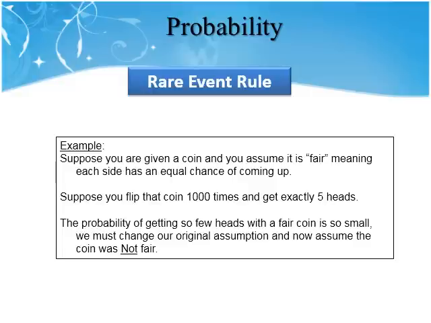Alright, suppose we flip that coin 1,000 times and we get exactly 5 heads. The probability of getting so few heads with a fair coin is so small, we have to change our original assumption. So now we have to assume that it's not fair, because it was so improbable that we would get 5 heads or fewer, that we must assume that this is not fair.